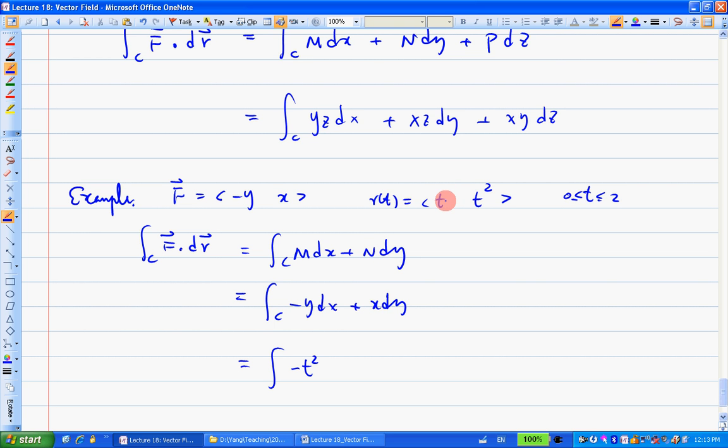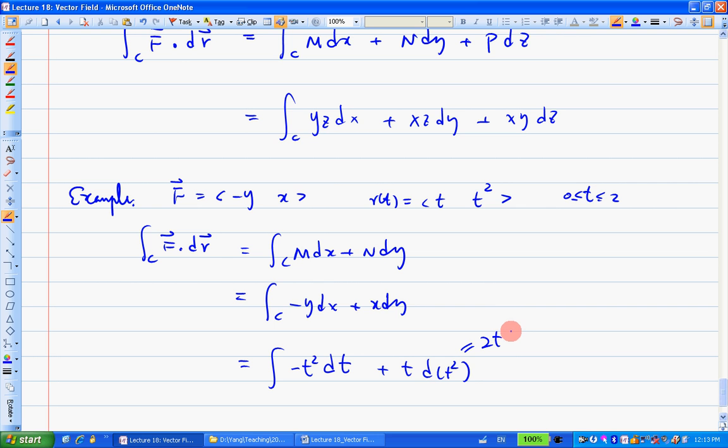So x is t, so dx is basically dt, right? And x is t, so plug the x of t here. dy, y is t squared. So d t squared, right? And what does d t squared equal to?